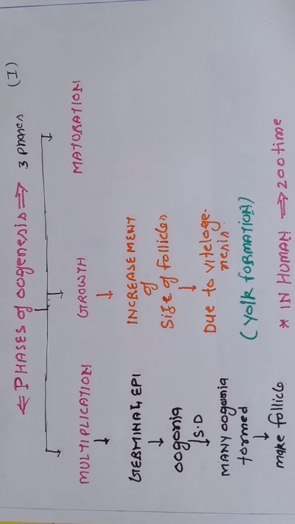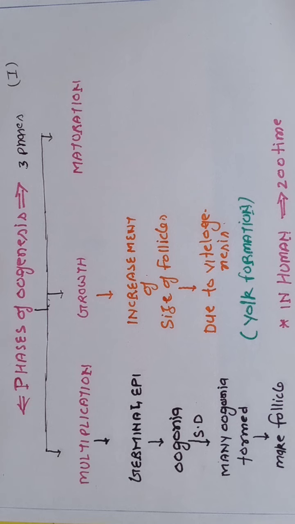But after that, the growth phase started. In this growth phase, the size of the follicle increases. But before it, I told you that the nucleus of the oogonia cell, which is present in the center, is divided and arrested in the diploid state of prophase first.